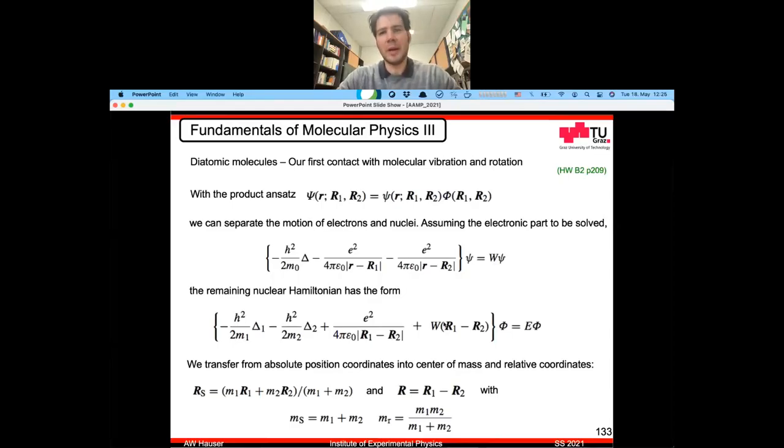So if I look at the remaining part of the Hamiltonian, I end up with this equation here, where I have my kinetic energy operators for the nuclei.